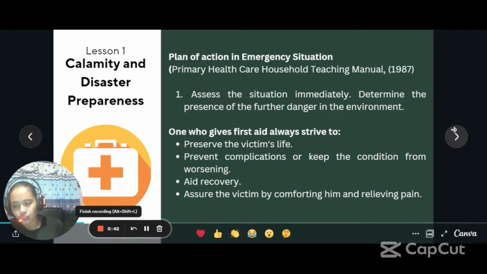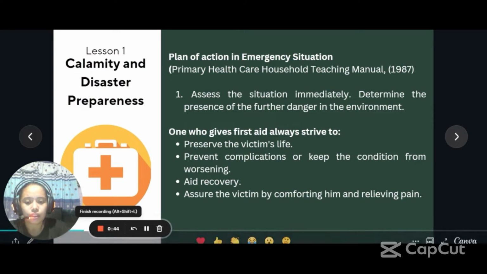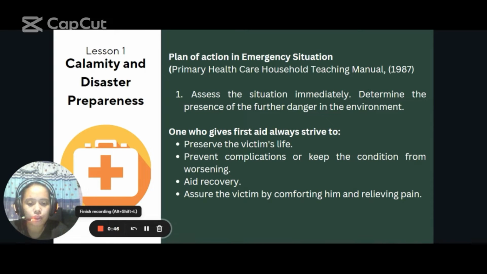So, one who provides first aid kay dapat maka-understand jud exactly what to do in the various circumstances because incorrect care could worsen the victim's condition rather than help it.